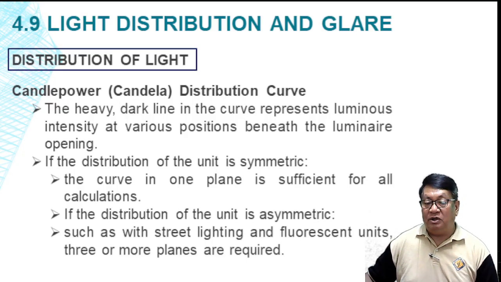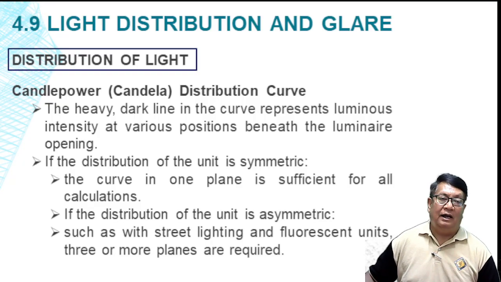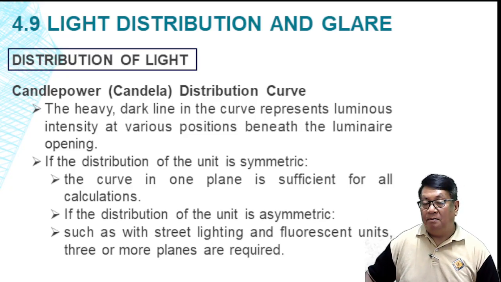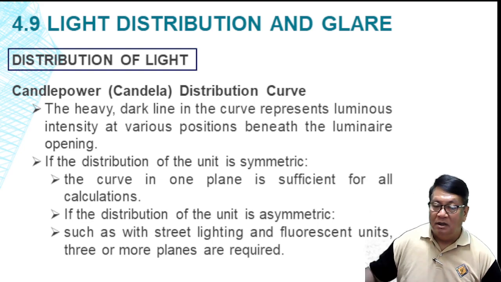If the distribution of the unit is asymmetric, such as with street lighting and fluorescent units, 3 or more planes are required. So we will try to redesign the whole system.